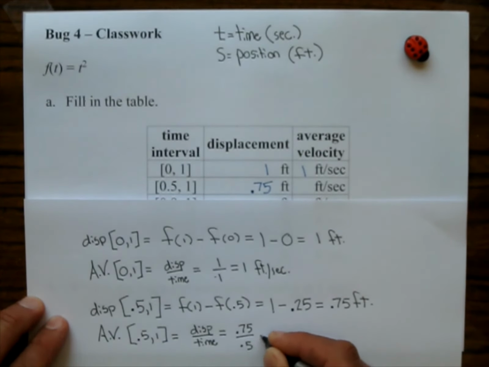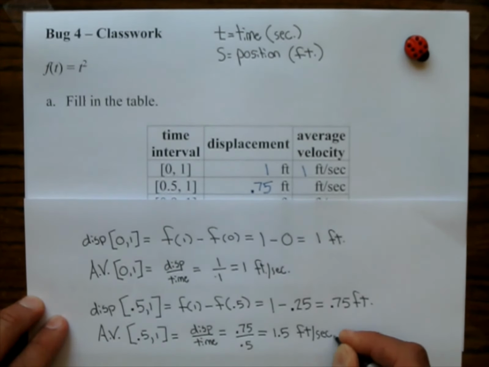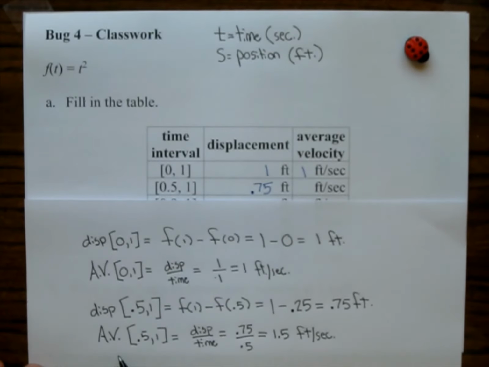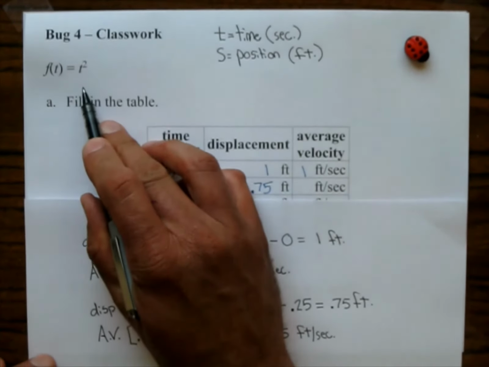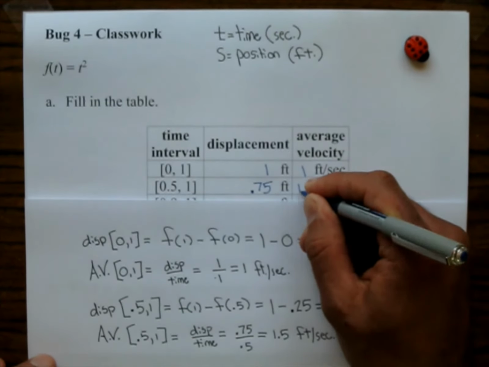Whether you did that on a calculator or however you wanted to do it, you would end up getting 1.5 feet per second. And if you remember what the average velocity represents on the graph, and we're going to graph this, the average velocity represents the slope of the secant line connecting 2 points together on the graph. And the slope there would be 1.5. So let's go ahead and put this 1.5 here.